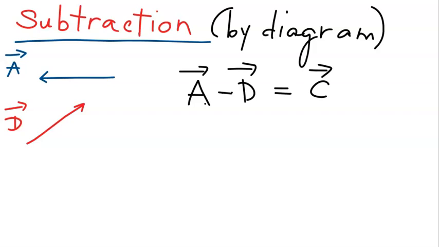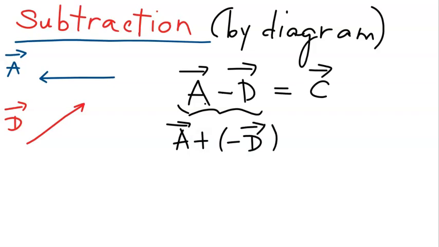Well, first, let's rewrite the left-hand side of this vector equation in the following manner. So a minus d is a plus minus d. Now, if d is as shown, minus d is a vector that goes anti-parallel to d. So this is minus d.